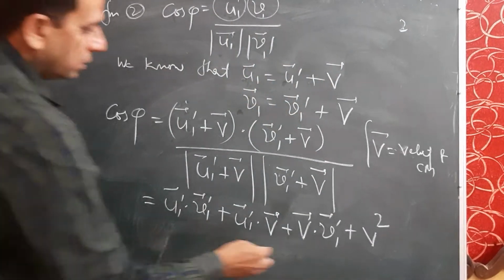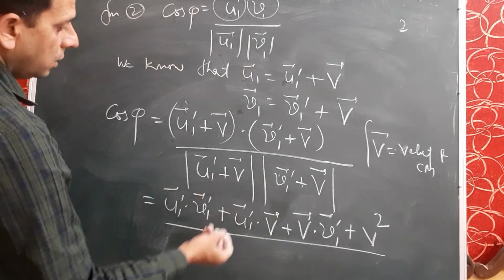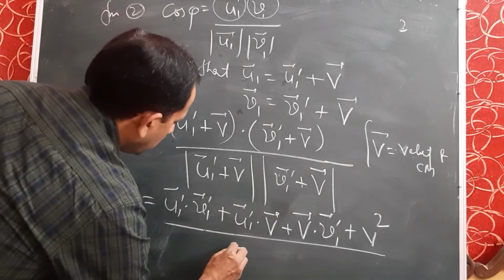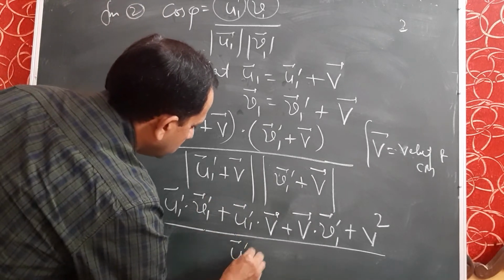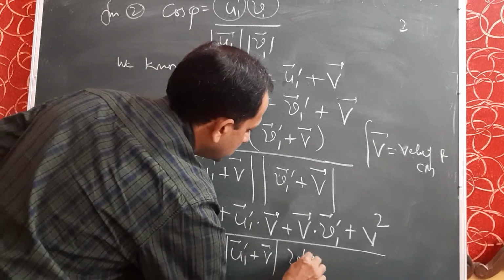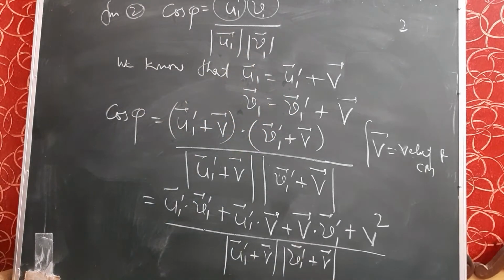We both are same, so it will become square. And in the denominator, let the term remain the same. I am not putting the values of these terms, that is v1' plus V. Is it clear?